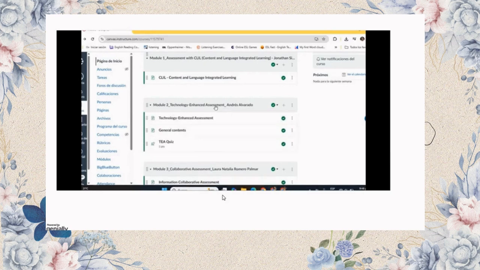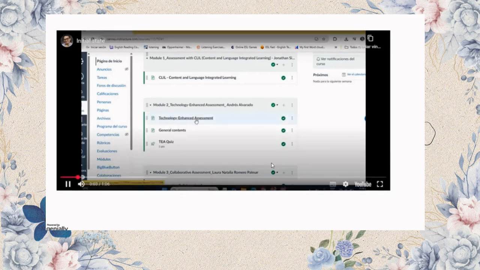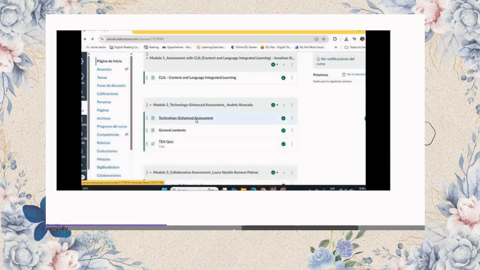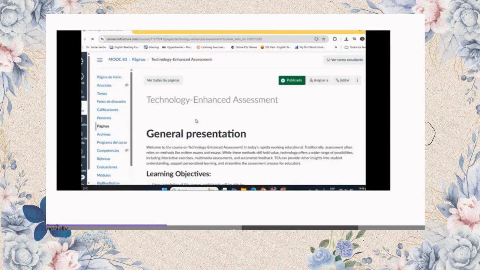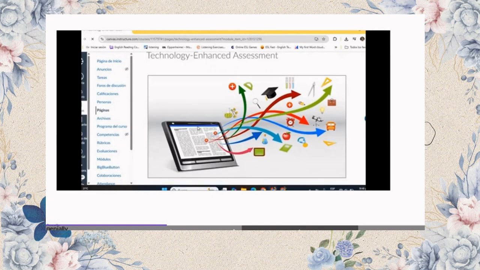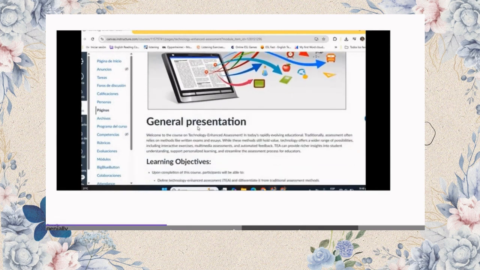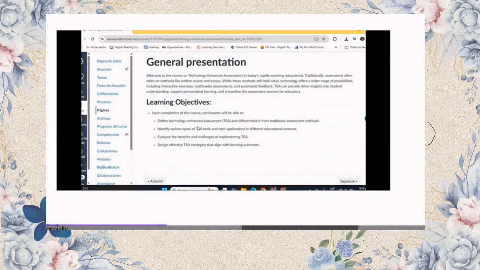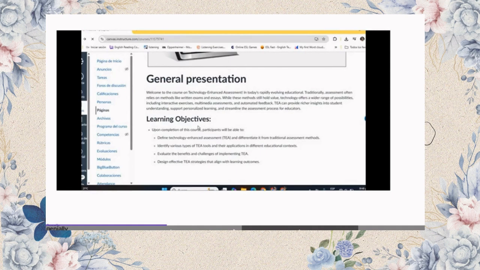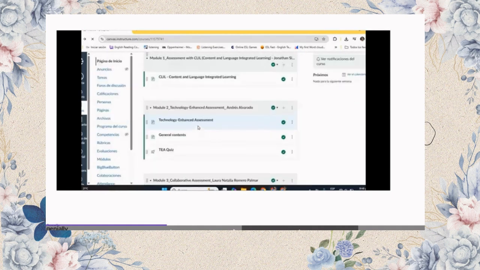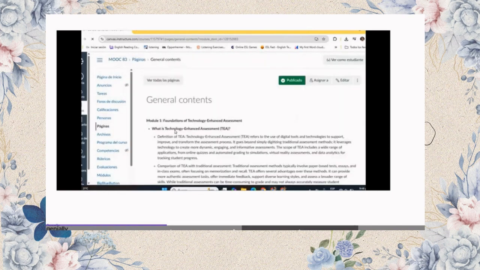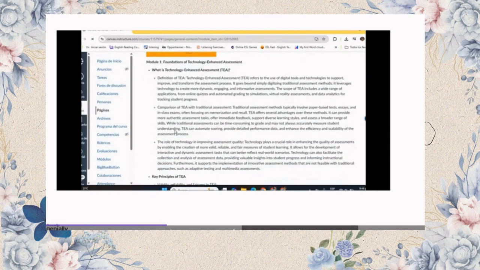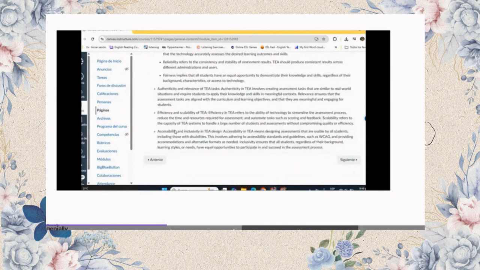You can see the general presentation and all the aspects of general contents, all the basic information of the TEI. And finally, we include a quiz that aims to evaluate the knowledge that the users get from the course.